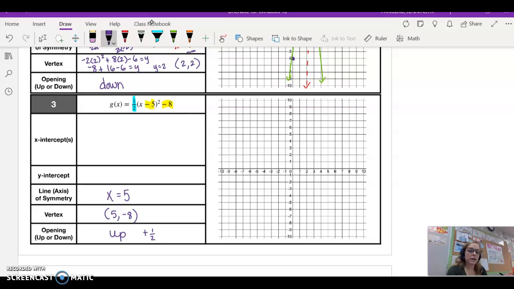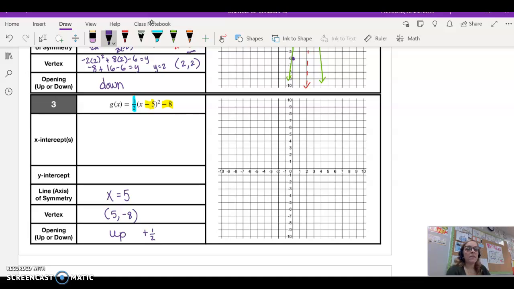Remember, the 1/2 also tells us, if we think back to our transformations of parent functions, that we're going to have a vertical shrink versus a vertical stretch. From there, that's pretty much all I can get by observation alone, without having to do any work.